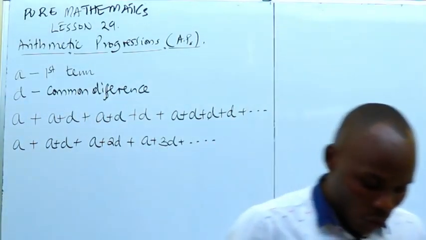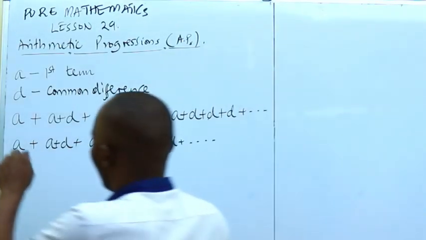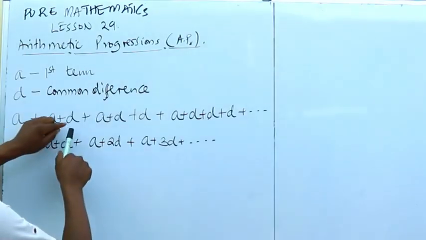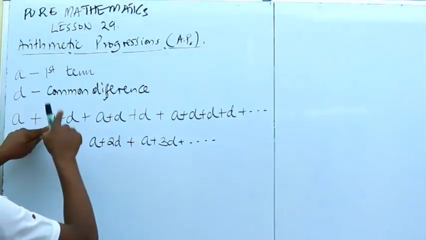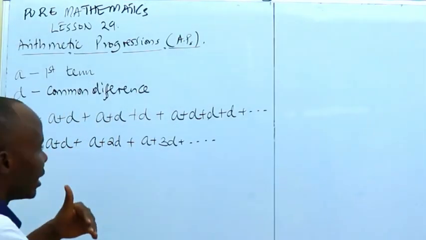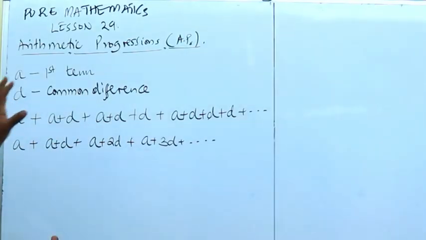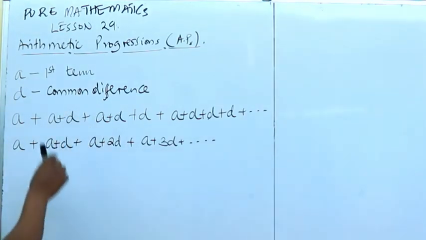From the first term, we've added a D. Then from the previous term, A plus D, we've added a constant value D. So the D, the common difference, is the one that you keep adding. Such a series gives us what we call the arithmetic progression.